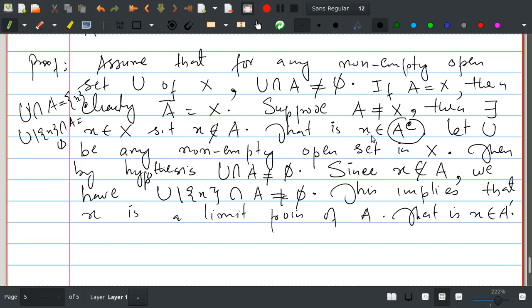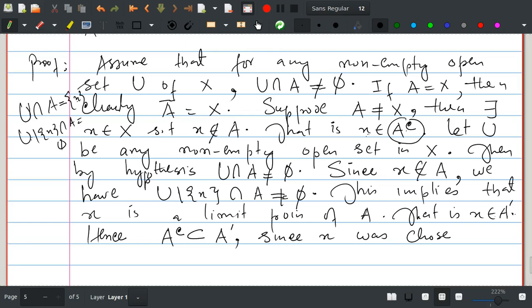In other words, every point in A complement is a limit point of A. So hence A complement is contained in A prime, since x was chosen arbitrarily from A complement.